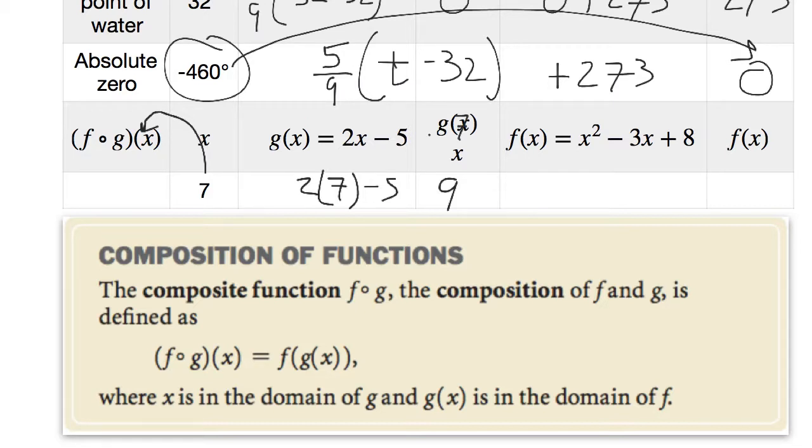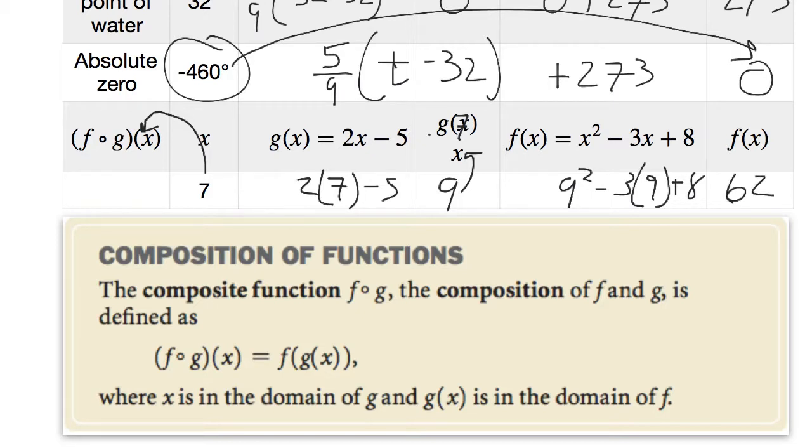It's also the input here. So when we put this in, we have to use 9 as the input. 9 was the old output, now it's the new input. 3 times 9 plus 8. When you do that, you get 62.